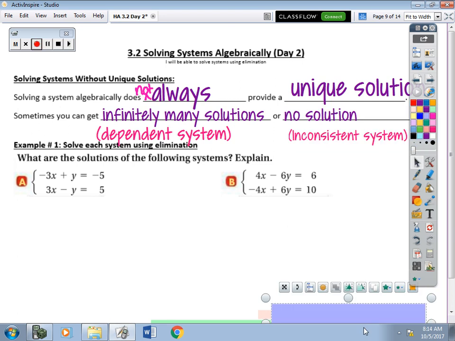Or we can get no solution, which we also call an inconsistent system. Now, when they ask you what is the solution or solve, your answer would be one of these two things instead of the inconsistent or independent. If you want to write both, just to be safe, you can.